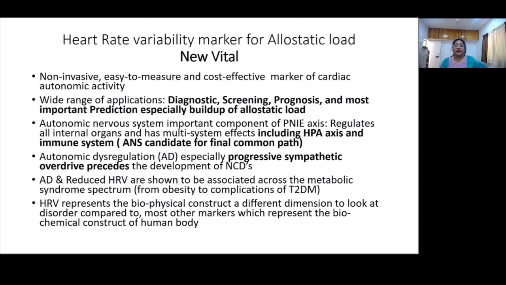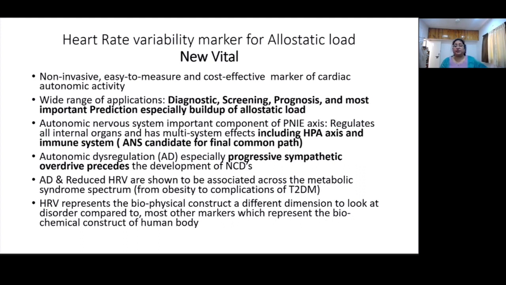You can use it in different populations over a wide range. It's used for diagnostic purposes, for screening, prognosis, and most importantly, now we are seeing that it's used in prediction, especially prediction of the build-up of allostatic load. So this is a very good and most promising marker.